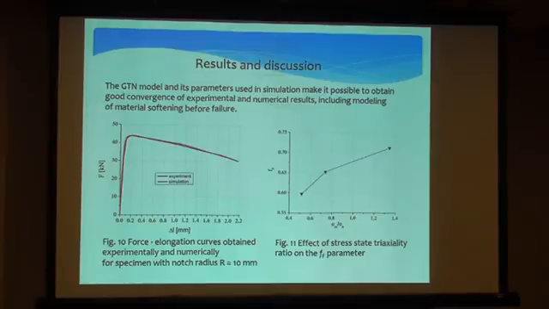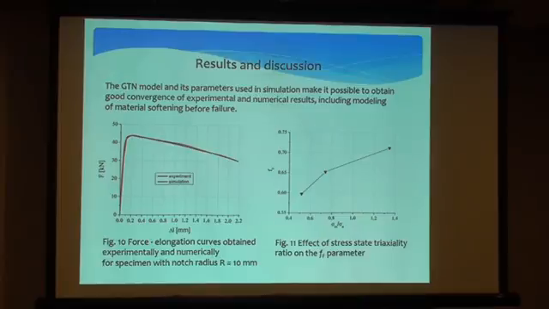This is the force versus elongation. As we can see, the GTN model and the parameter determined experimentally provide good convergence of simulation and experimental data.